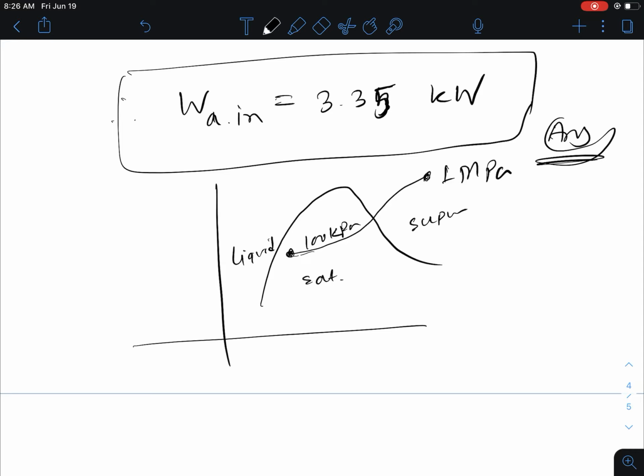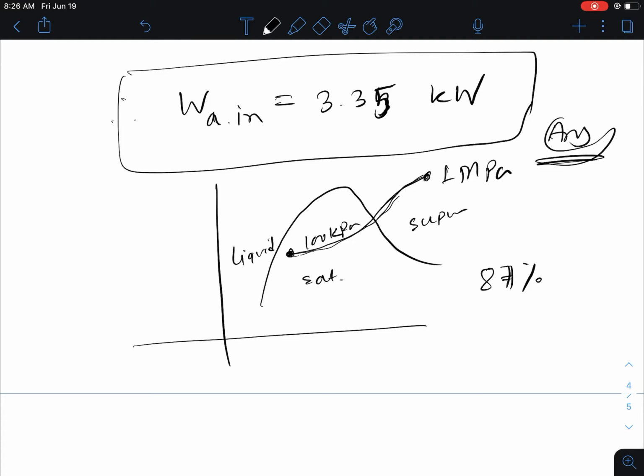In these conditions, we saw that the efficiency of that compressor was 87%, right? And to change this state from 1 to 2, how much work input was done, we also calculated, which is 3.35 kilowatt.